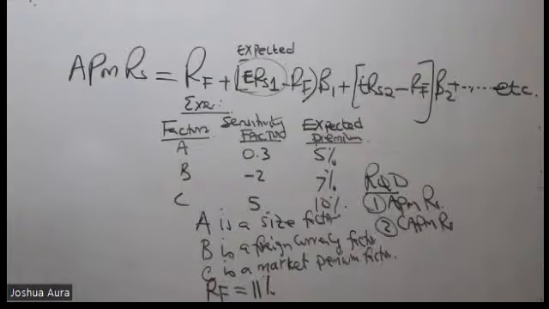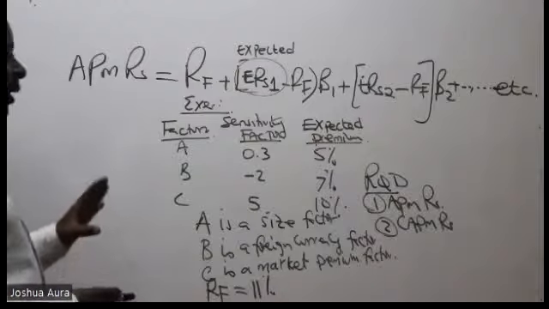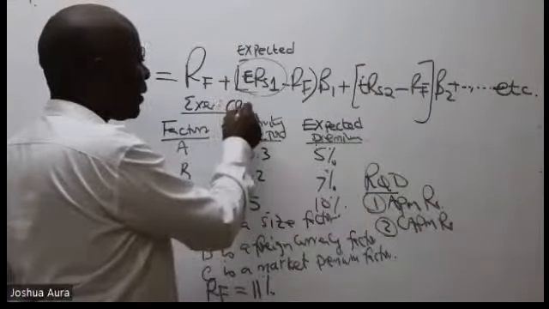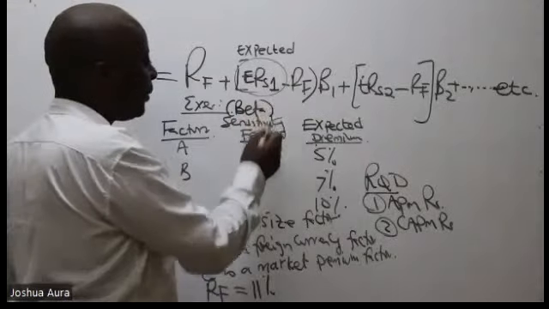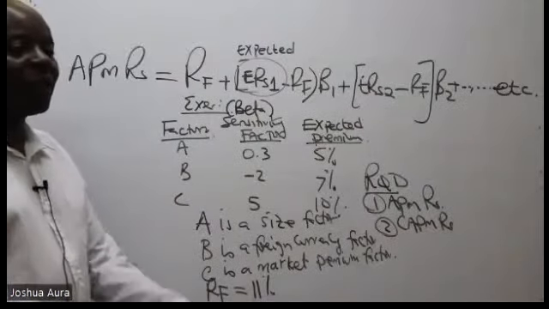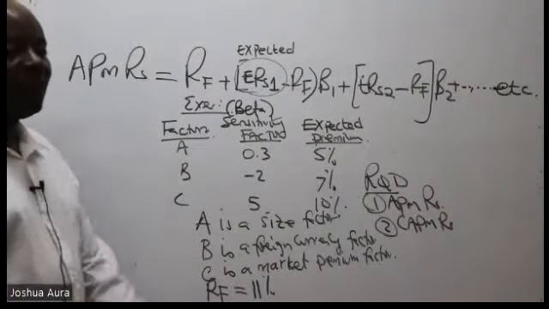So pata potea, APM returns, what do we have here? What I know for sure is that factor sensitivity is the equivalent of beta. Anytime they talk of sensitivity factor, that is beta.